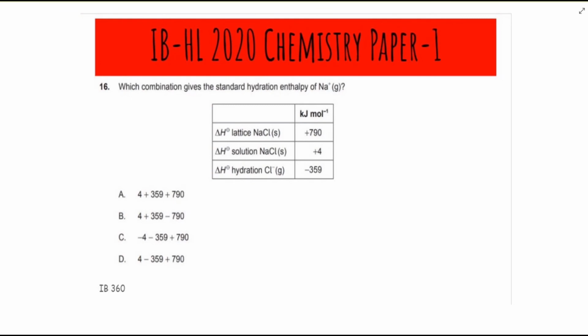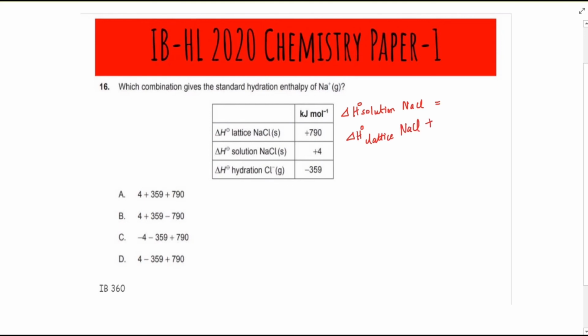Now for question 16, we need to find the standard hydration enthalpy of the sodium Na+ ion. Here we need to know the steps. Whenever we are producing a solution, delta H naught solution of NaCl, what are the steps? Firstly, we are mixing NaCl in water. First, the 3D structure of NaCl gets destroyed, so the first energy change is delta H naught lattice of NaCl.